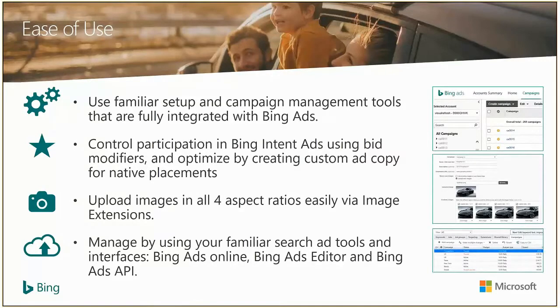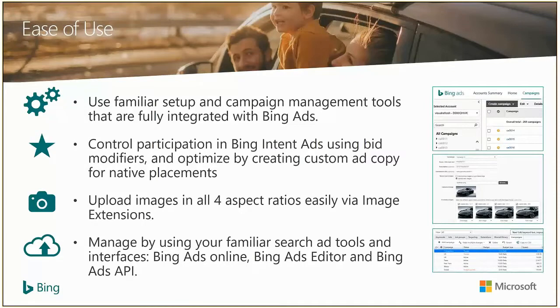For these native placements, there's a native bid modifier, and then you can optimize further by creating a custom ad copy for native placements. You should try and upload images in all the available aspect ratios via image extensions. The more aspect ratios are available, the better the chance that you'll be eligible for all the different placements. And then you can manage your participation across all the user interfaces that are available today.